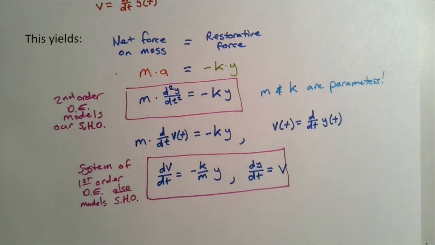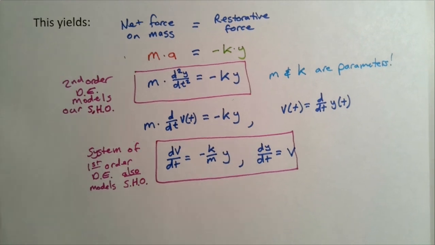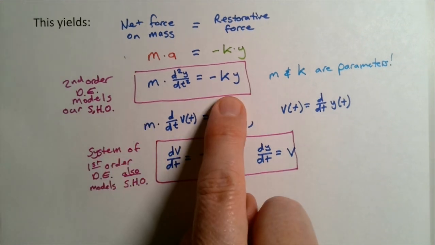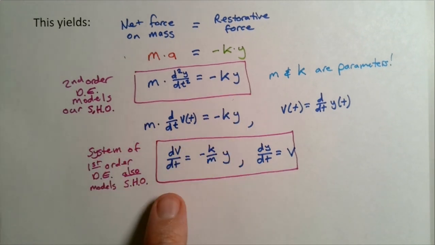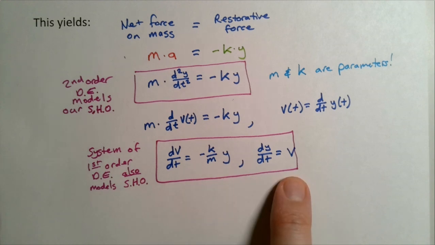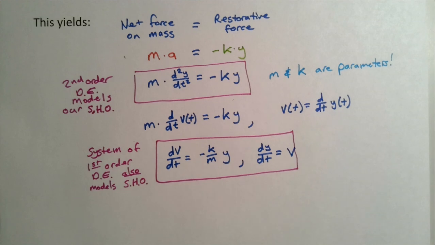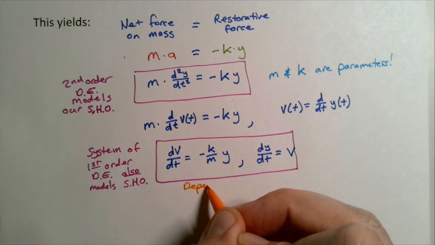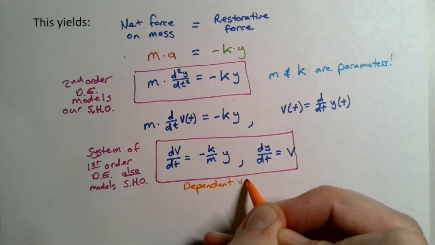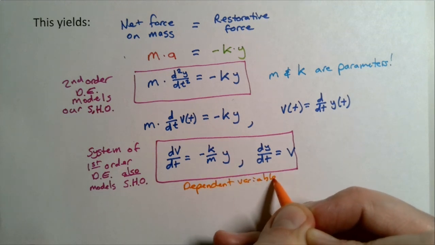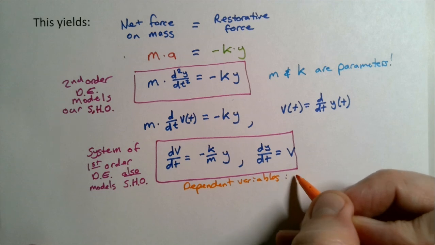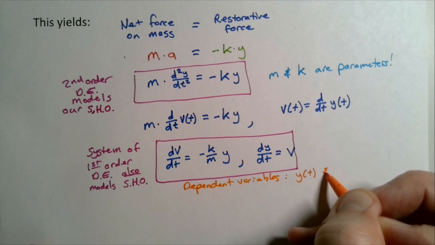So whether we are talking about a second order differential equation all in one piece or two first order differential equations, in this case the first order differential equations have dependent variables that are y of t and v of t.